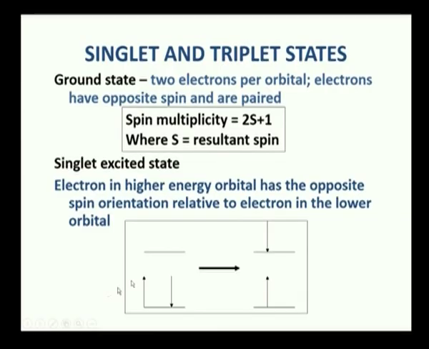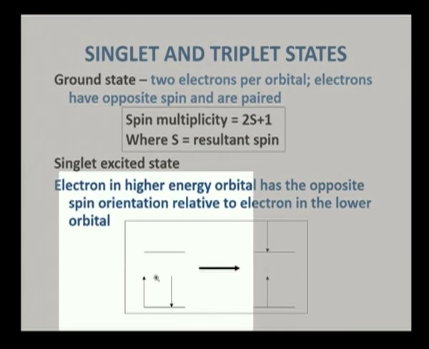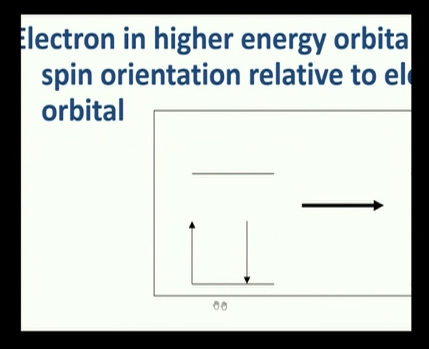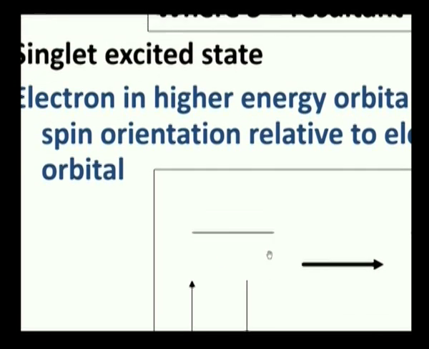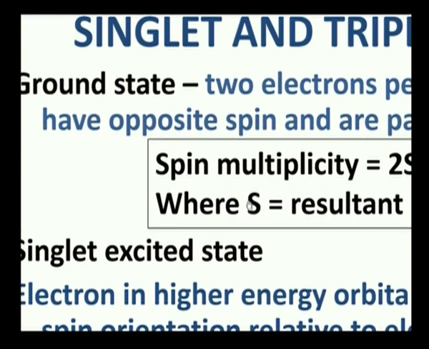In this figure, the ground state of an electron pair, the electrons are paired. This electron has a spin of plus half, whereas this electron has a spin of minus half, so the resultant spin is plus half plus minus half.